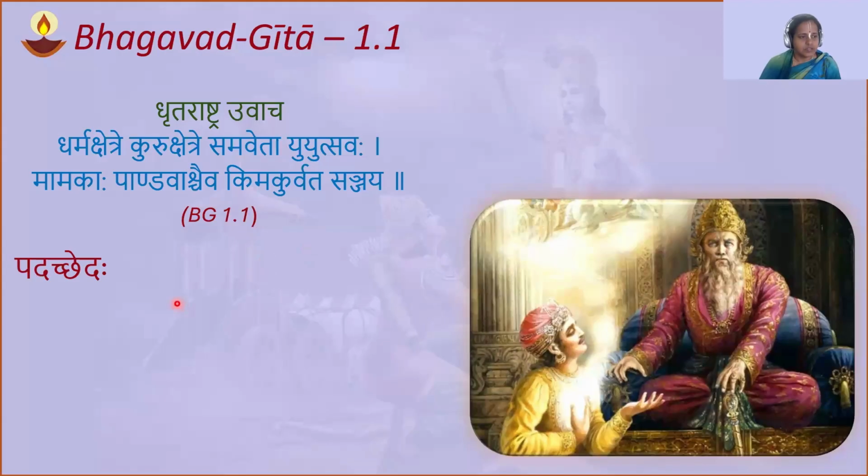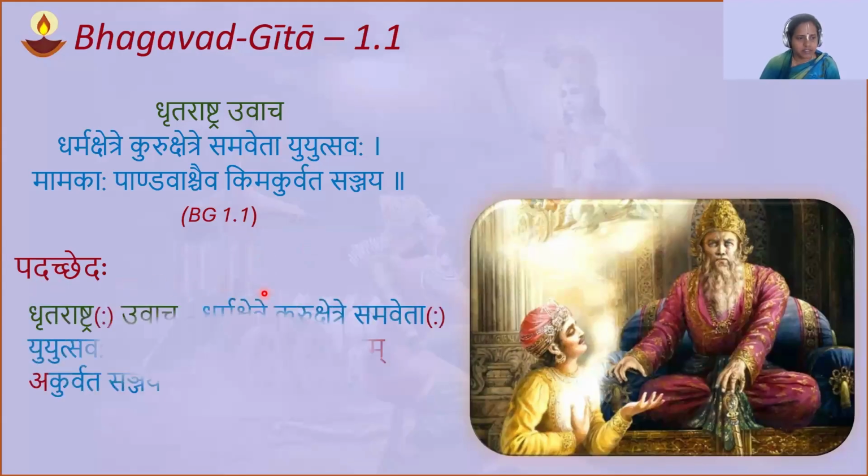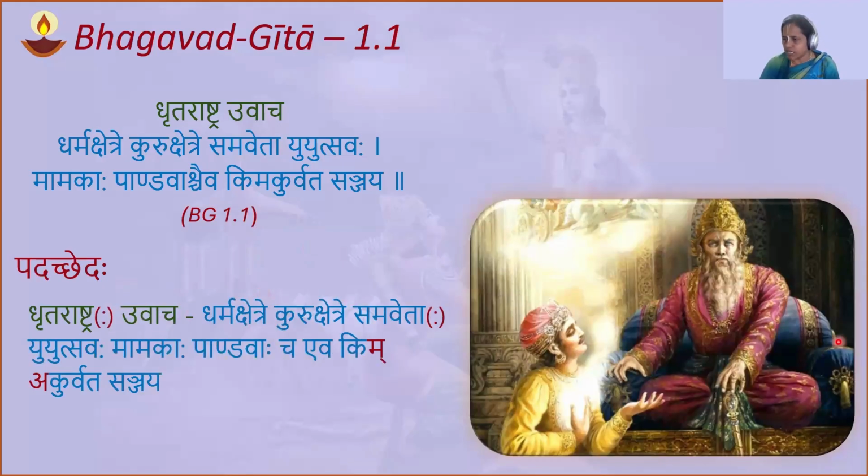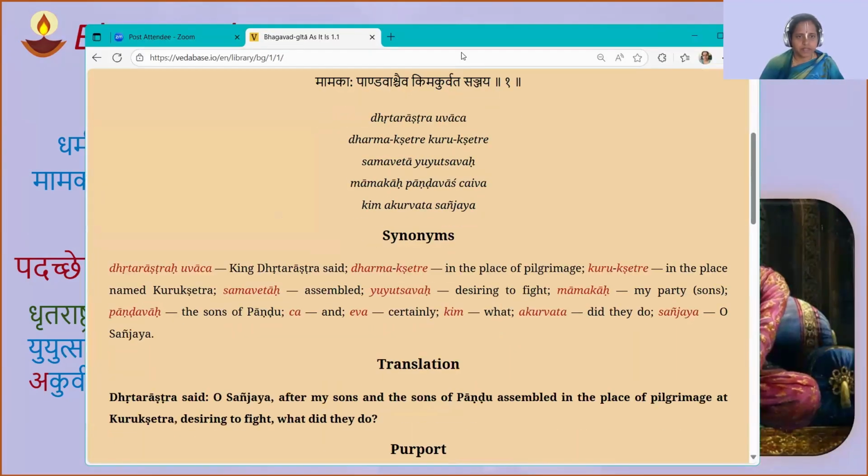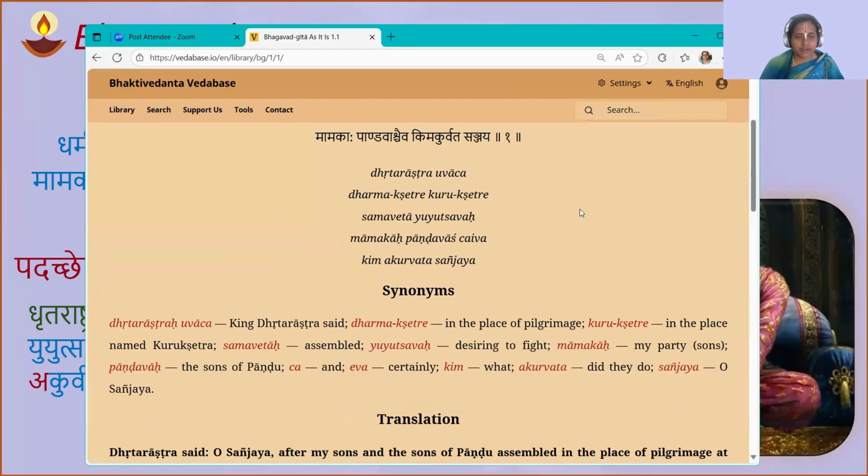The first step we discussed is padacheda, correct? What I have done here is actually what Srila Prabhupada has already given to us. Wait, I'll show you what Srila Prabhupada has given on a different screen. See what magic Srila Prabhupada has given us.